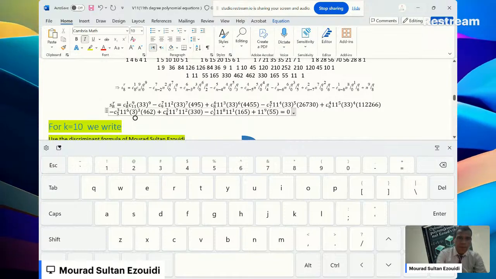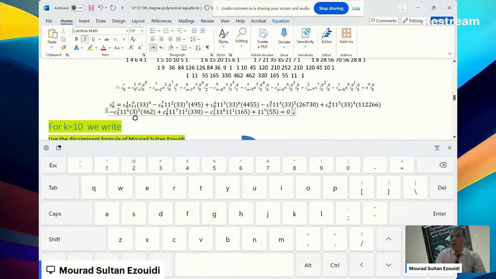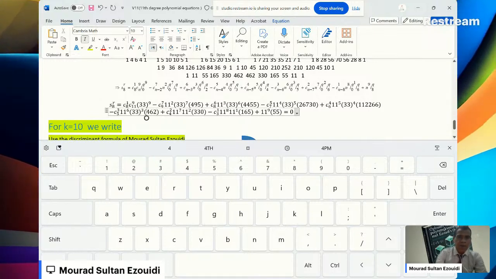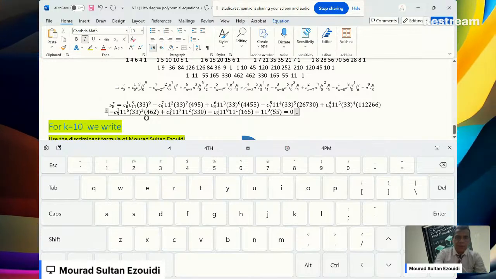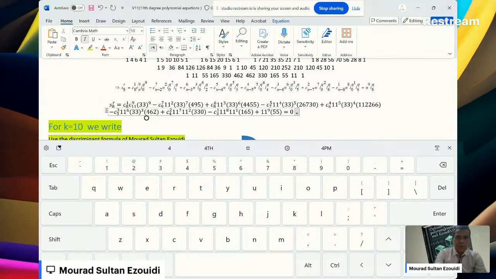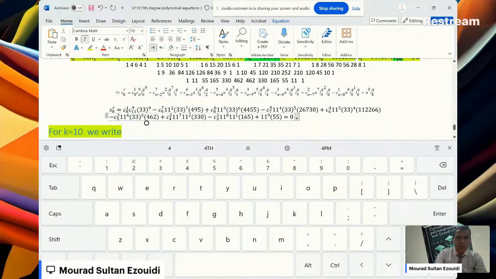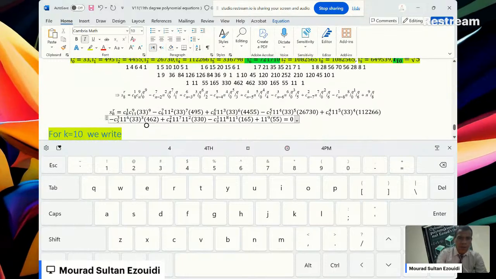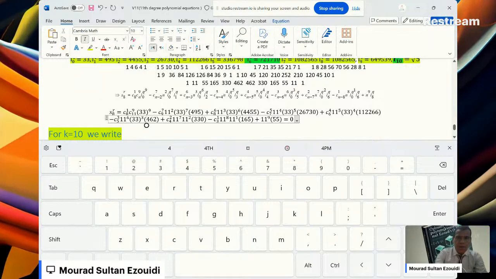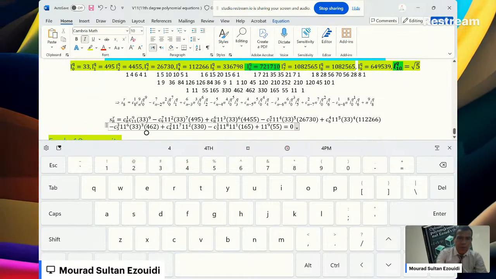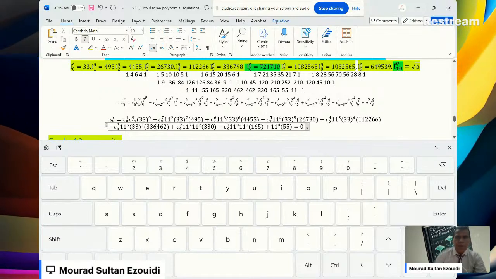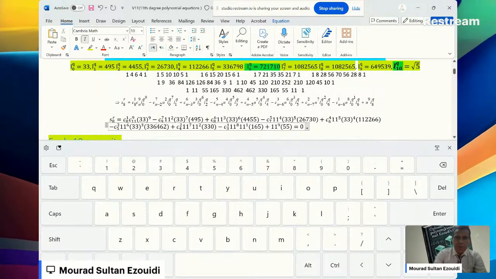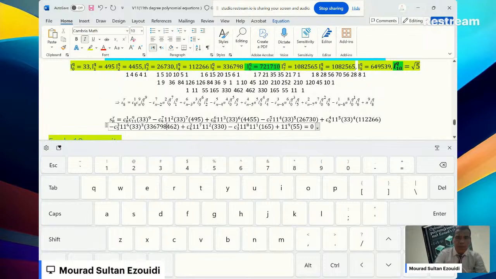And then 23. Then this one, and then 23, 26. And 26. 7, 19.